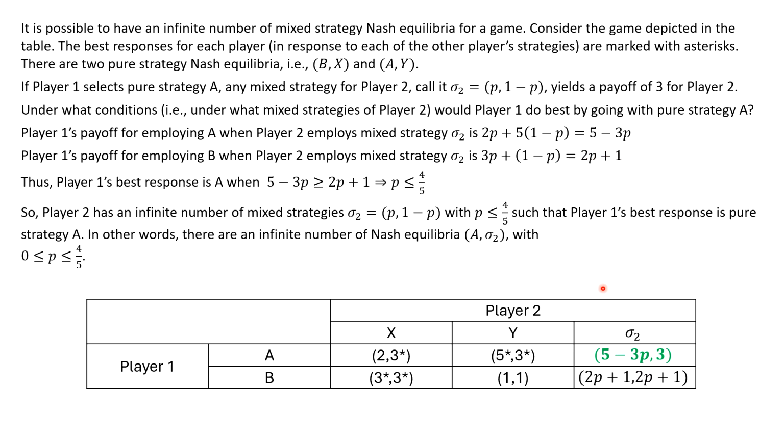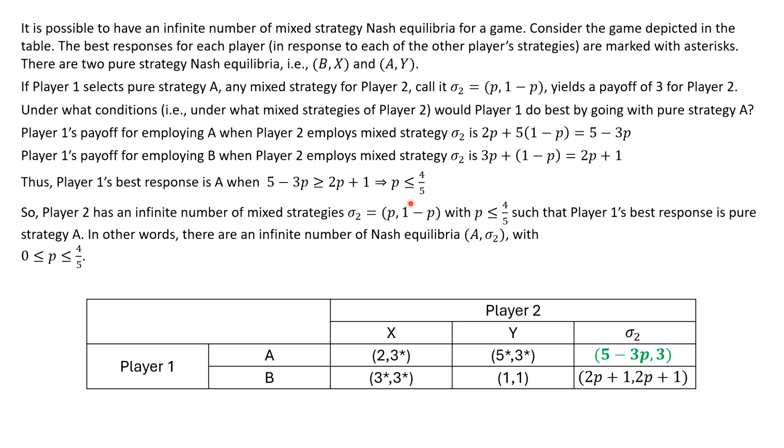And if we do the Nash equilibrium analysis here, you notice that for player 2, when player 1 plays A, it doesn't matter whether player 2 plays X, Y, or sigma sub 2 because they get a 3 in that case. So we would put a star next to 3. And in the case of player 1, A would be the better choice whenever 5 minus 3P is greater than 2P plus 1.